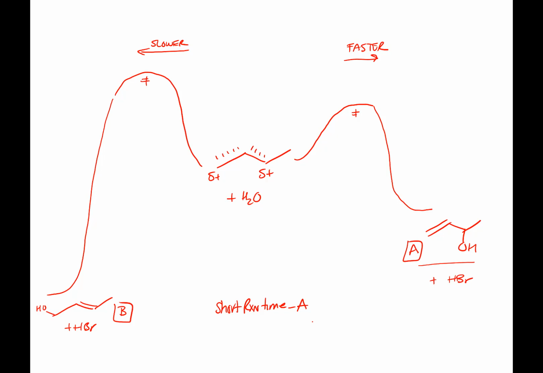Agreed? Do we agree with that? A's got the lowest activation energy. If I change the temperature, all I'm going to do is change the percentage of B, but for the most part, A is going to still be the major product.